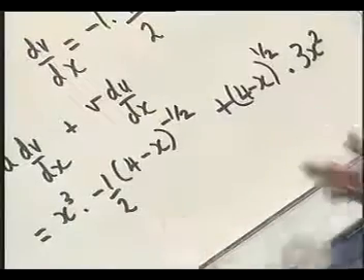Really, we might have to do something with it later on, and if we did have to do something with it later on, we'd need it to look a lot better. We'd need it to look a lot nicer. So, I'm going to go on to a new sheet, and I'm going to rewrite this at the top of the page, and then we're going to have a look at how we might simplify it.